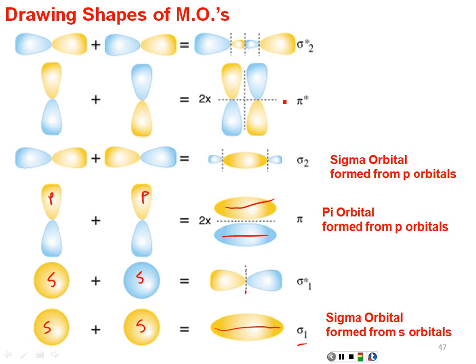And then we have the px end-on-end overlap, and that forms the sigma 2p orbital. The anti-bonding orbitals for the p atomic orbitals are shown above. Again, you can use pluses and minuses to show they're out of phase, or simply color them in.